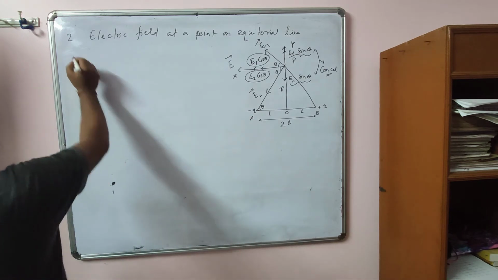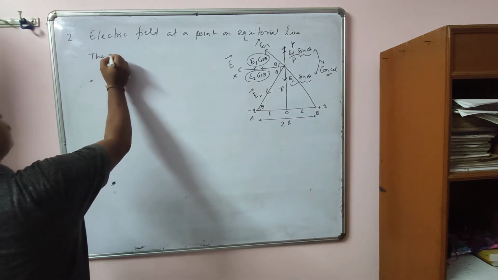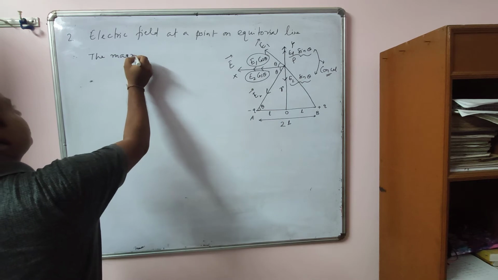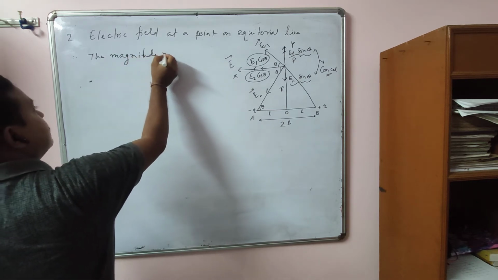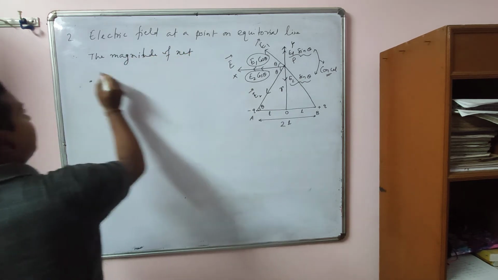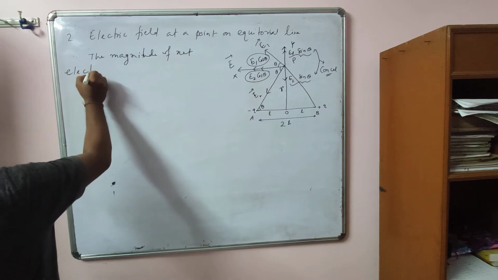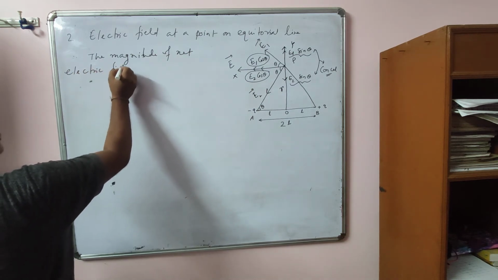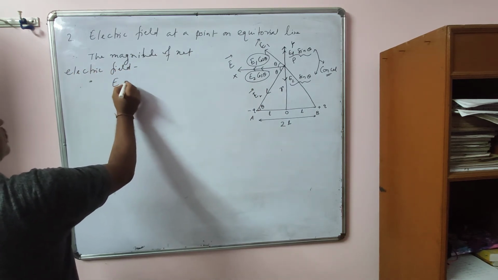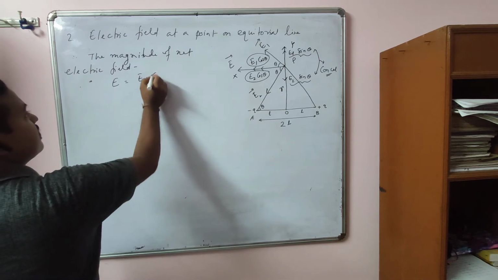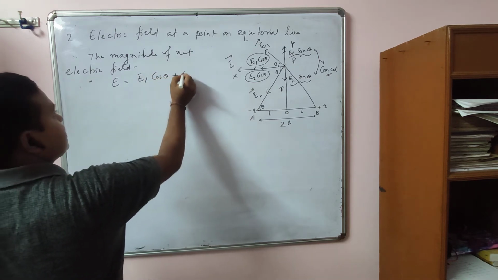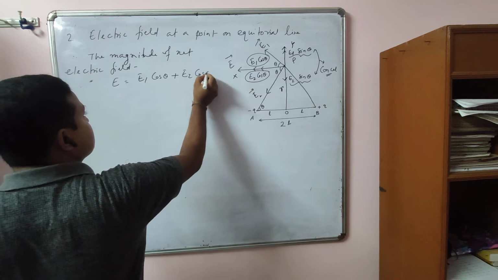Therefore, the magnitude of the net electric field E is equal to E1 cos theta plus E2 cos theta.